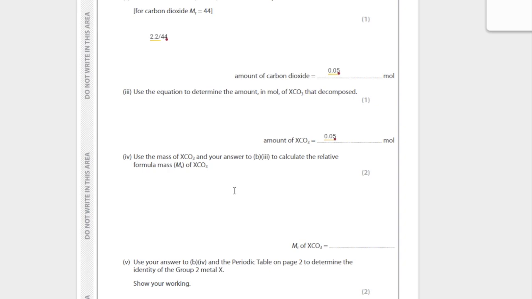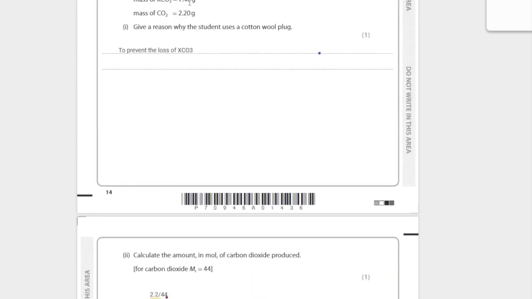Now use the mass of XCO3 and your answer to calculate the relative formula mass of XCO3. Our previous answer is 0.05 moles. We need the mass of XCO3, which is 7.4 grams.